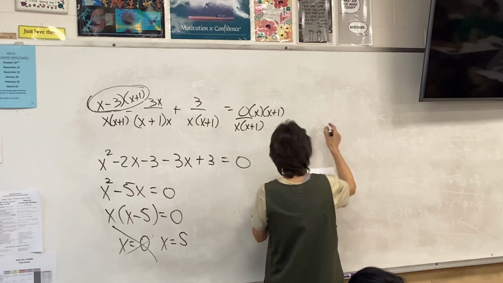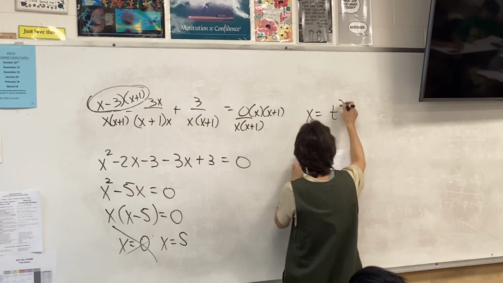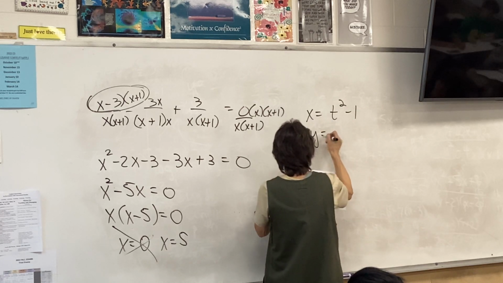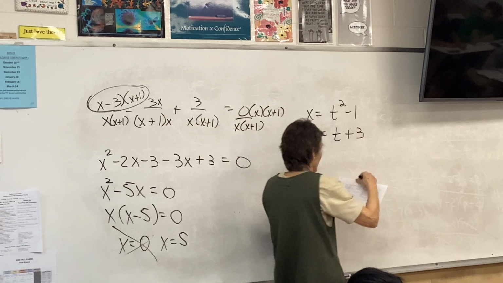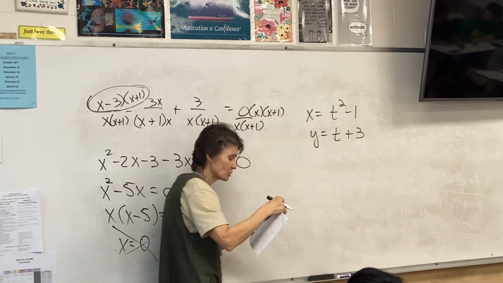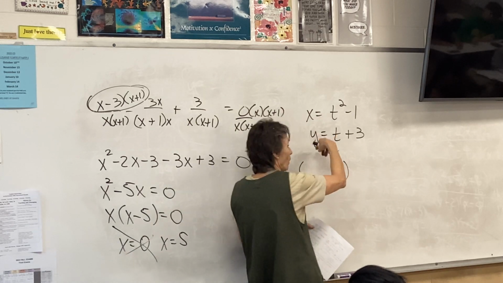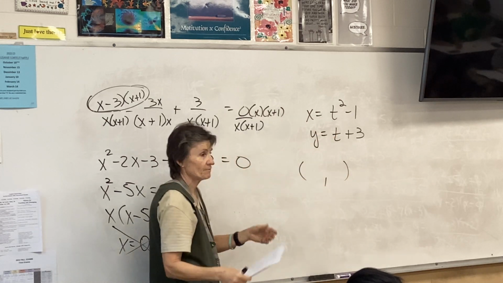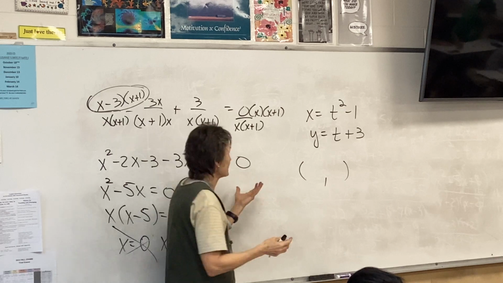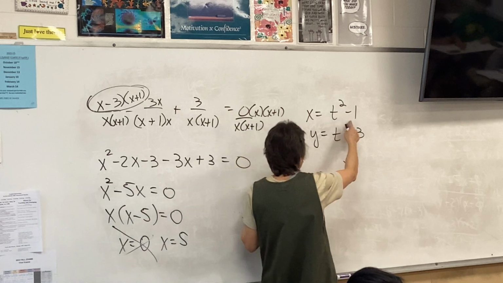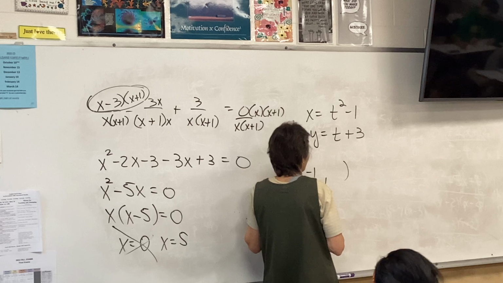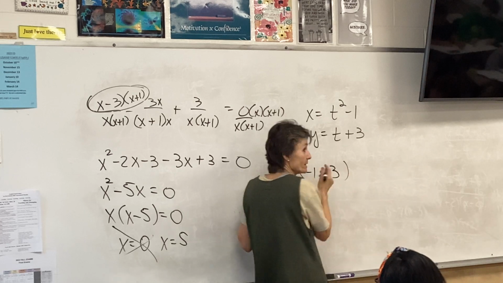So a function is defined parametrically. First question says, find the point, these are x's and y's. Find the point if t is 0. Well, that's easy. If t is 0, x is -1 and y is 3.